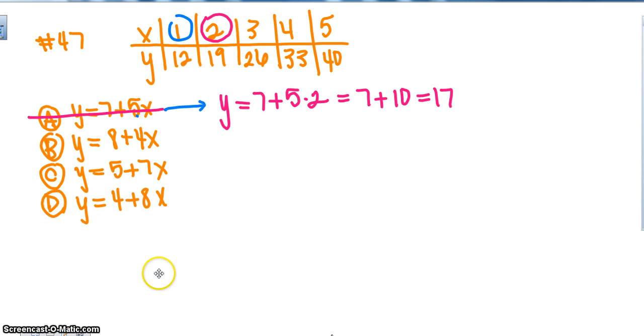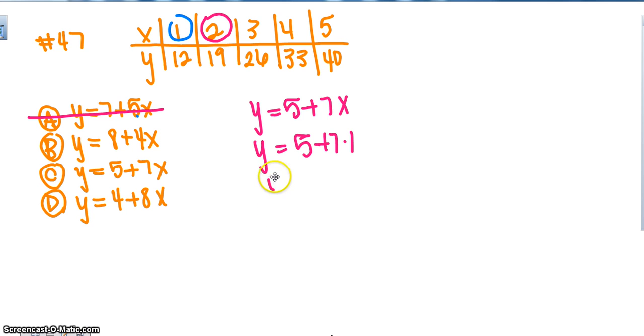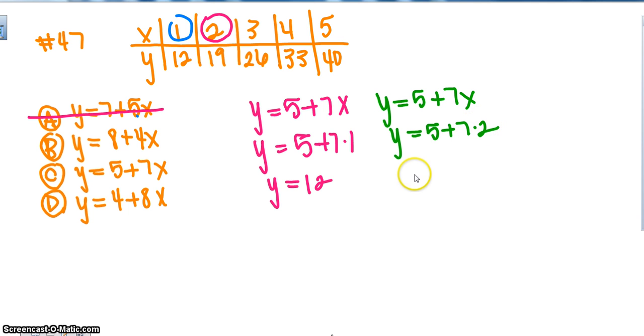Okay, we can continue trying choices until we find something that works. But I'm going to go ahead and see what happens when we use choice C. Whether you plug in 1, whether you plug in 2, or any of the other x values, you always get the corresponding y value.